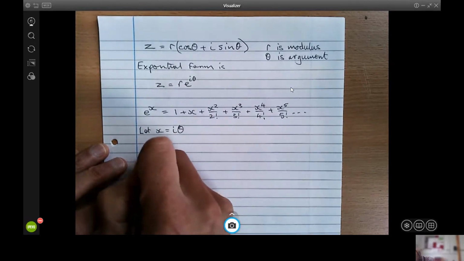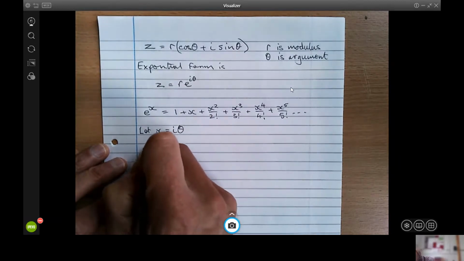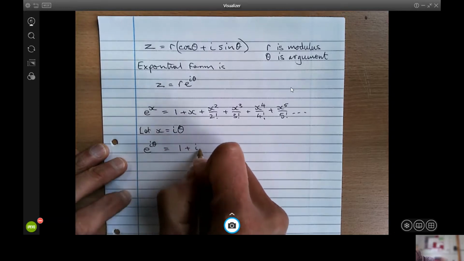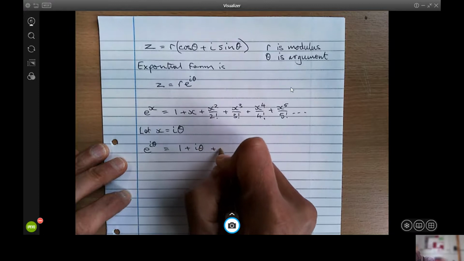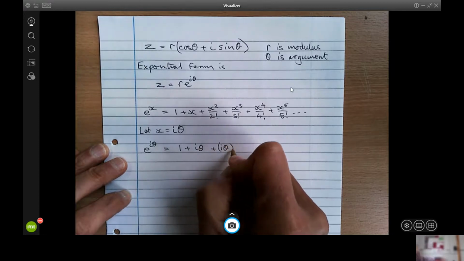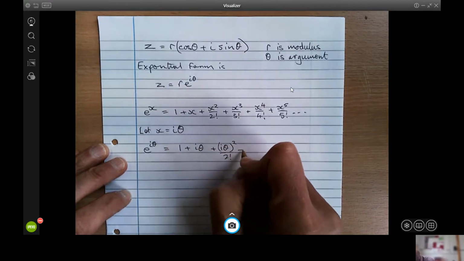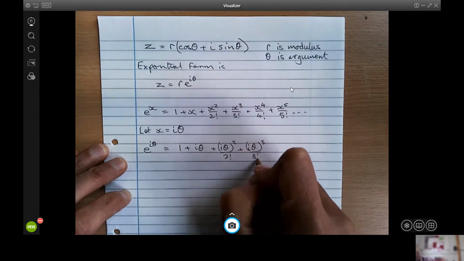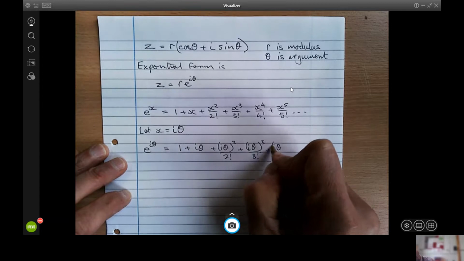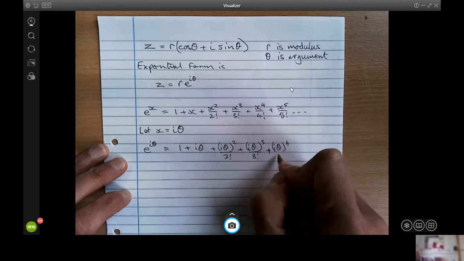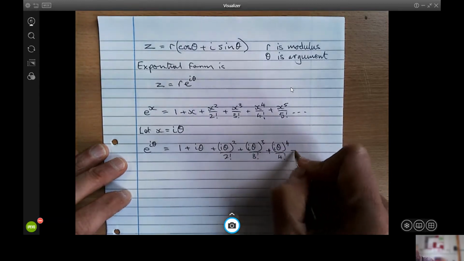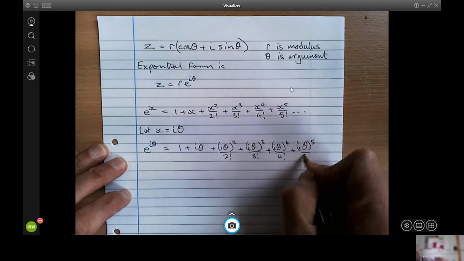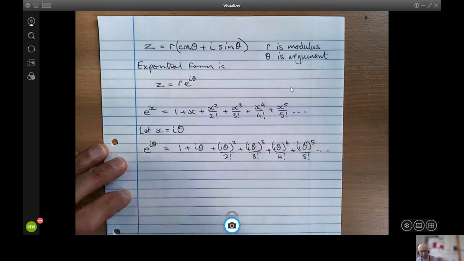We're going to substitute in, and we say e to the i theta is then equal to 1 plus i theta plus (i theta) squared over 2 factorial plus (i theta) cubed over 3 factorial plus (i theta) to the power of 4 over 4 factorial plus (i theta) to the power of 5 over 5 factorial, and so on.